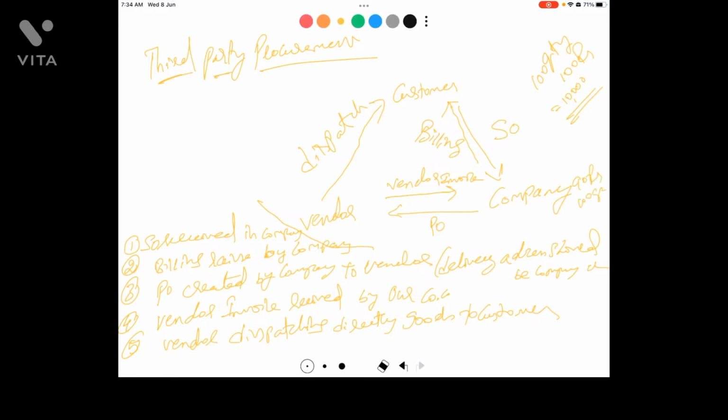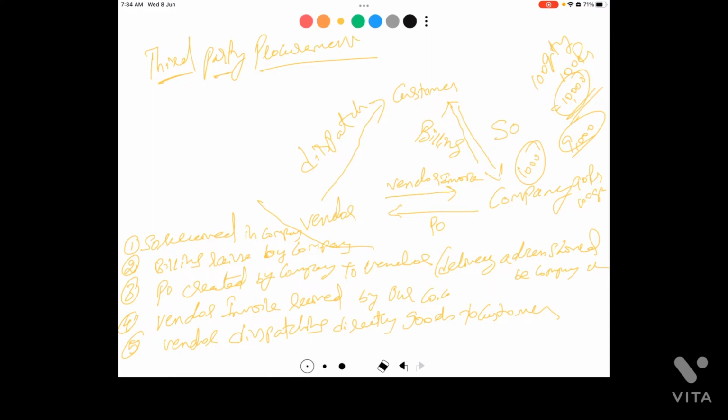So that means 9,000 rupees is my PO value, and 10,000 rupees is my SO value. So 10,000 minus 9,000 is 1,000 rupees, which is my profit, right? Yes. So this is the way they do the third party procurement process.